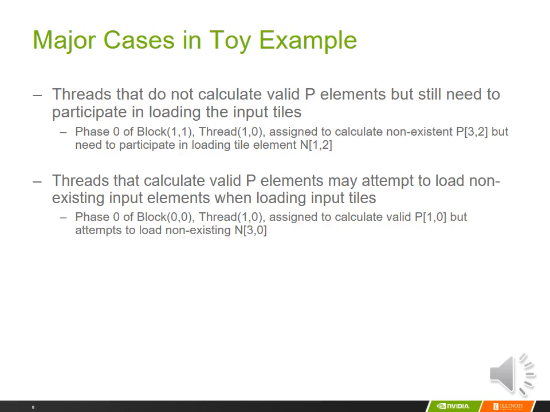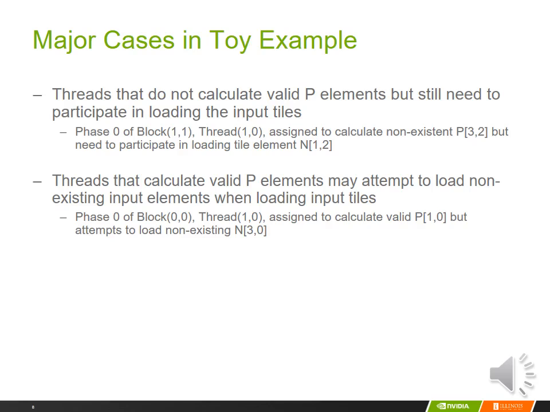But it still needs to participate in loading the input tile element N12. The second case is that threads that calculate valid P elements may attempt to load non-existing input tile elements when loading input tiles. For example, in phase 0 of block 00, thread 10, which is assigned to calculate a valid P10, may attempt to load non-existing N30.